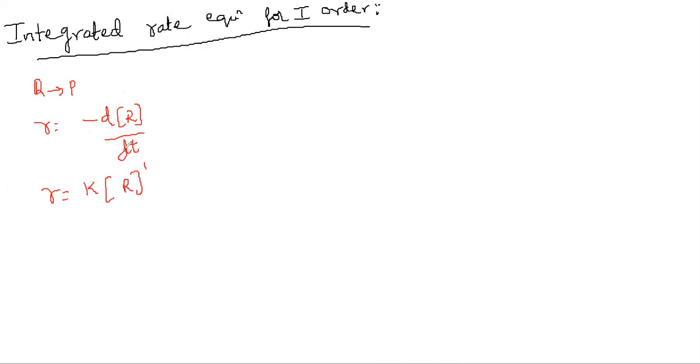So this will remain the same. Then minus d of R by dt is equal to k into R. So dt will shift to this end. So it will be like this. After that, we have to integrate on both sides.